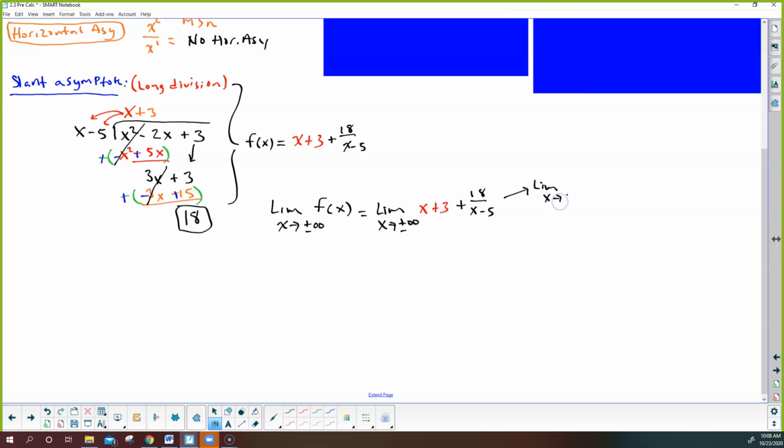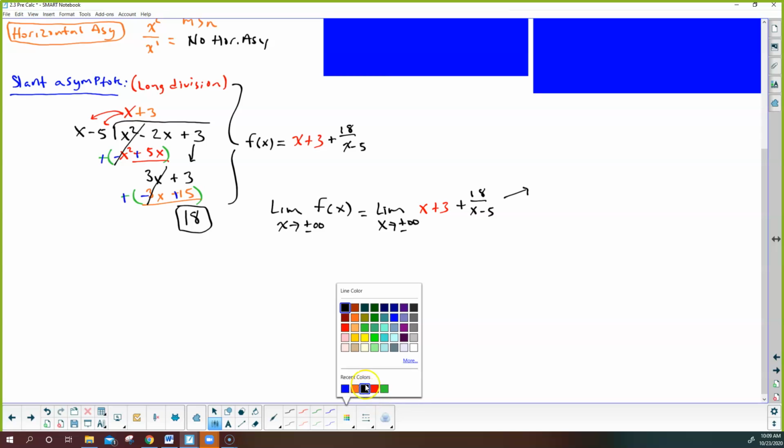So what happens if I take this answer and I go to x equals infinity? Well, I'm going to take just the red part. You know, let's save a step. I don't need to write this part.